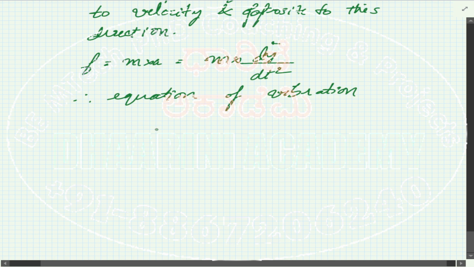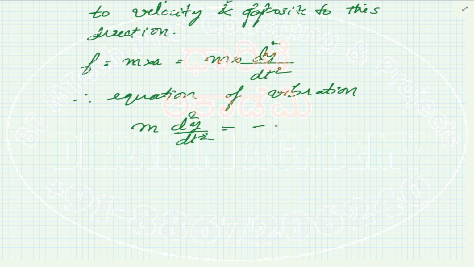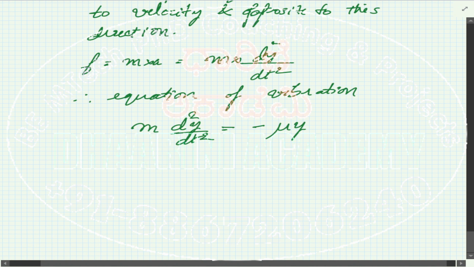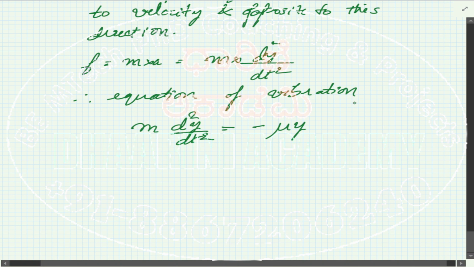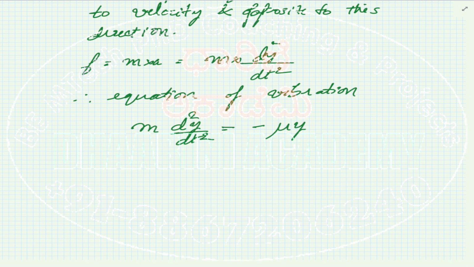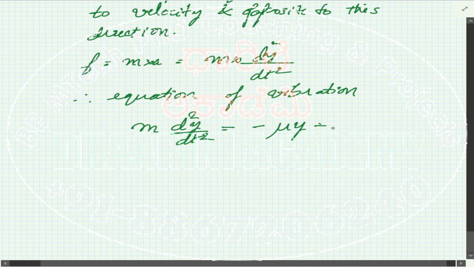The main force is mass into acceleration, m d square y by dt square, which should be equal to the restoring force, minus mu into y, plus there is another force coming up, minus r into the differentiation of this, which is the velocity, dy by dt.